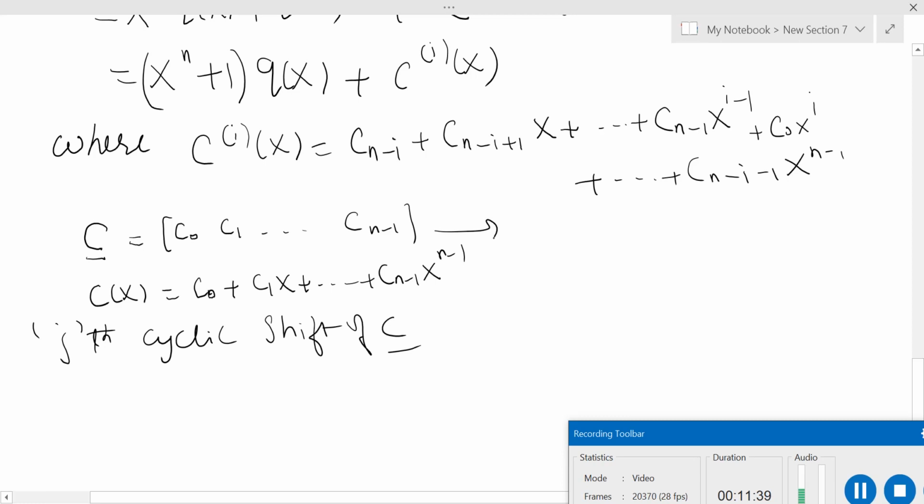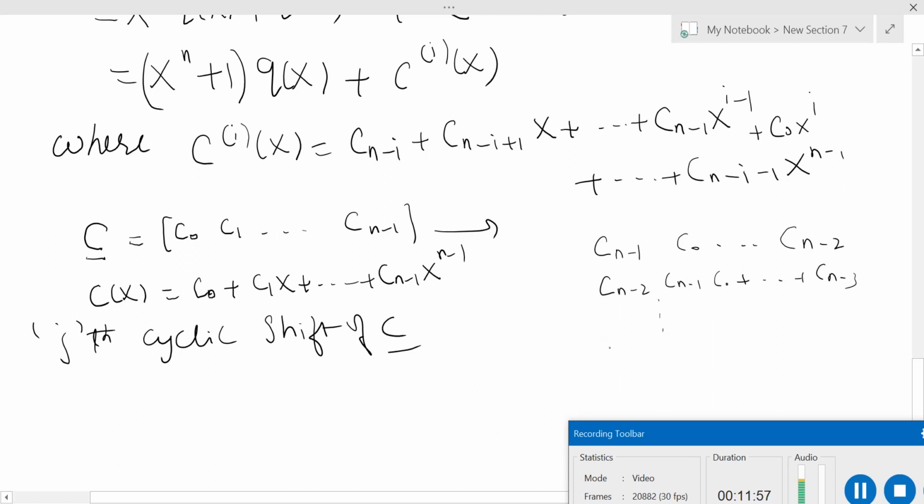See, when you do the cyclic shift once, you will get cn minus 1, c0, cn minus 2. Second cyclic shift: cn minus 2, cn minus 1, c0, cn minus 3.